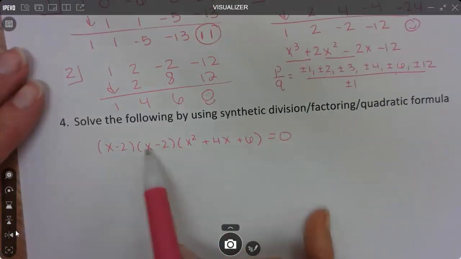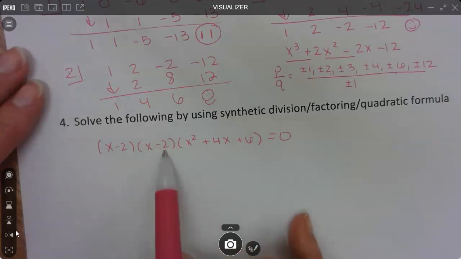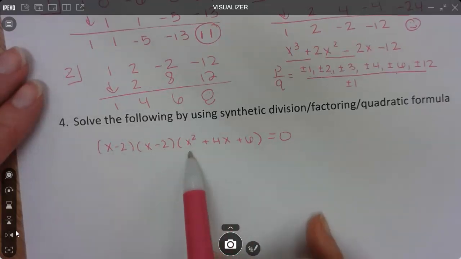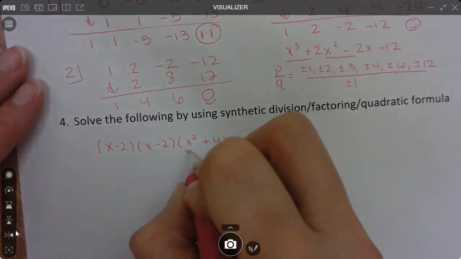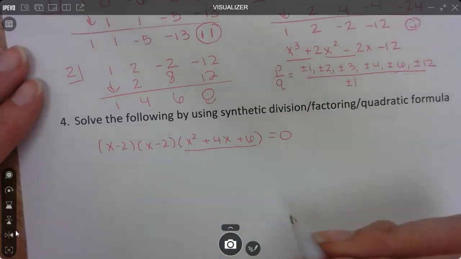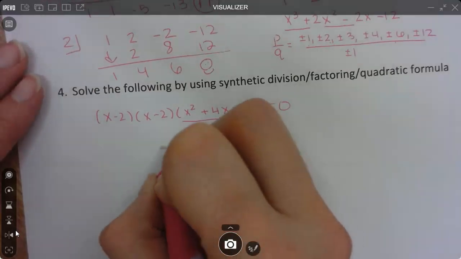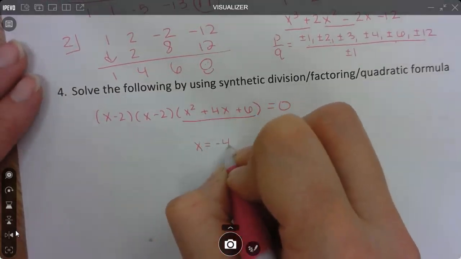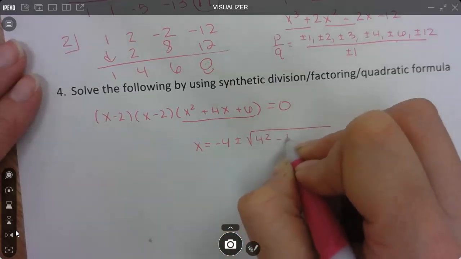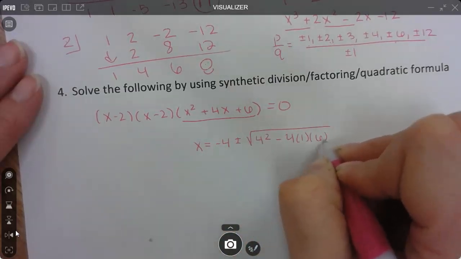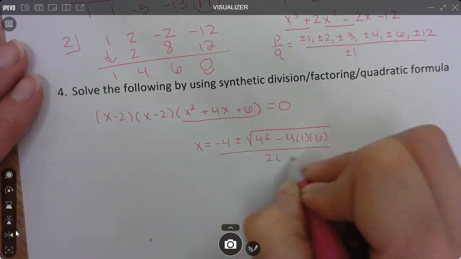So at this point now, we have 2 positive real roots. So we know that this either has to be imaginary or a negative. So what I would do is use quadratic formula because that's the easiest method for a quadratic, and say that x equals negative b plus or minus the square root b squared minus 4ac all over 2a.